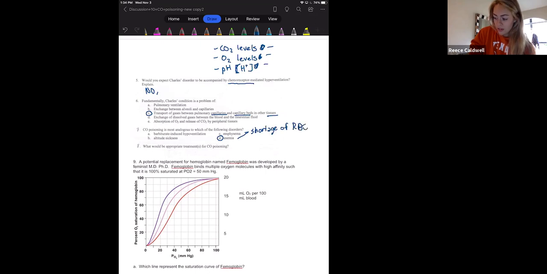Red blood cells carry hemoglobin and oxygen. So if we had a shortage of red blood cells, we wouldn't be getting enough oxygen to the tissues of our body. And that's kind of the same thing that's going on with carbon monoxide poisoning.